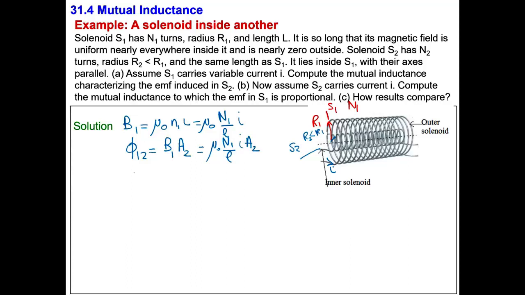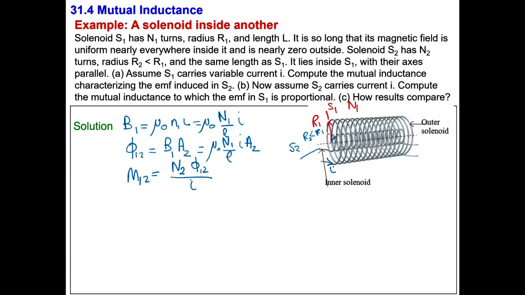Now I can write the mutual inductance M12, the mutual inductance in coil 2 due to coil 1. We said it is equal to the flux linkage. So this flux for a single turn, we multiply it by the number of turns of coil 2. So it's going to be N2 times the flux, divided by the current.